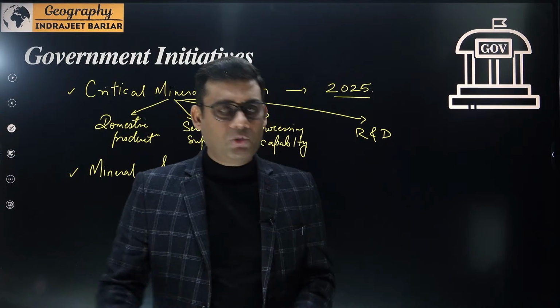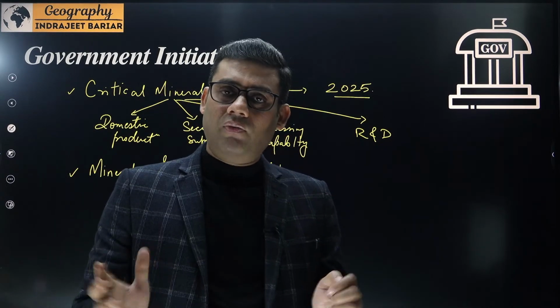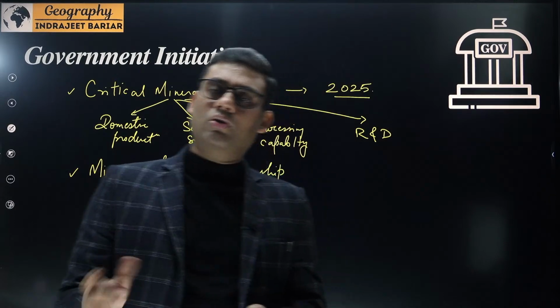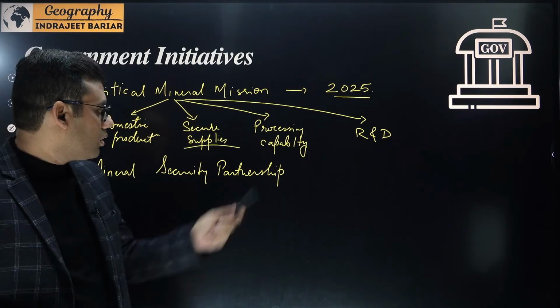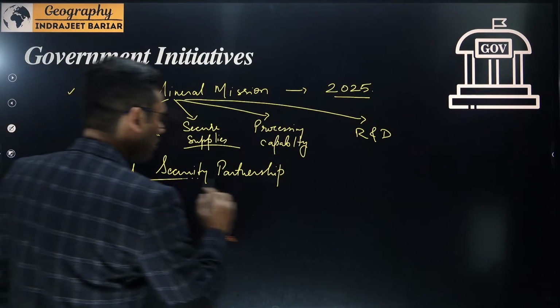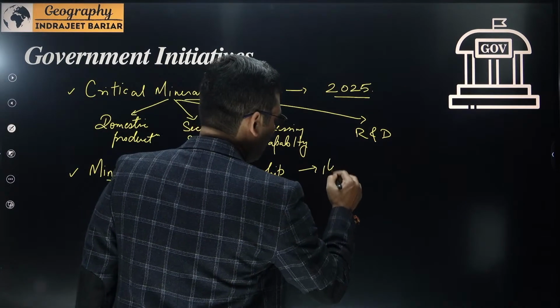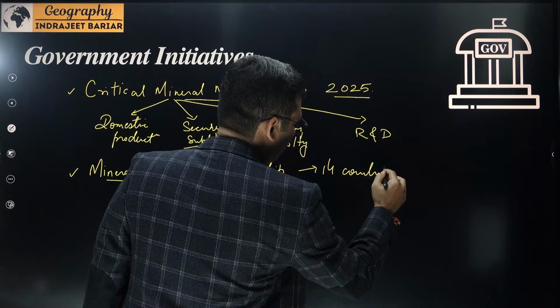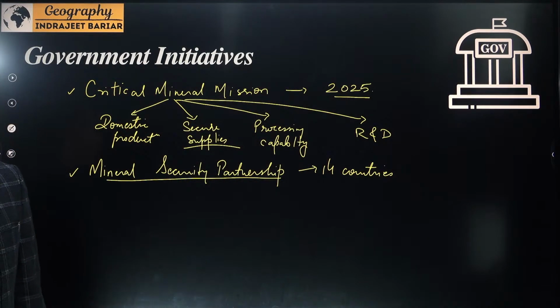They came together to create an environment where they can secure their supplies. So securing supply is where the Mineral Security Partnership comes into the picture. Overall, it is a coalition of 14 countries, and in this coalition India is a member.